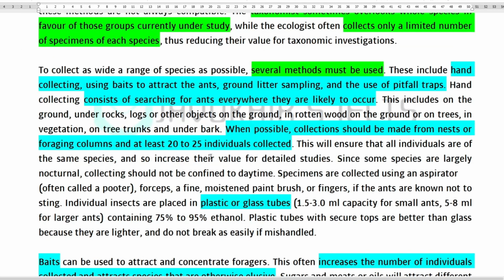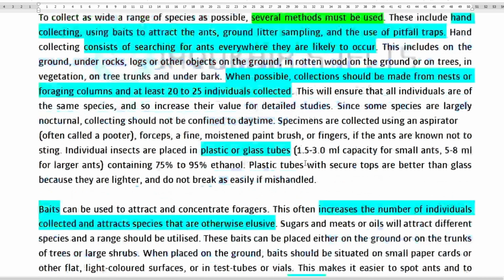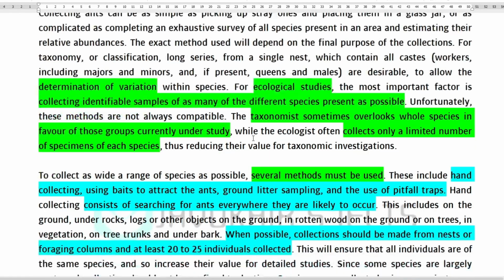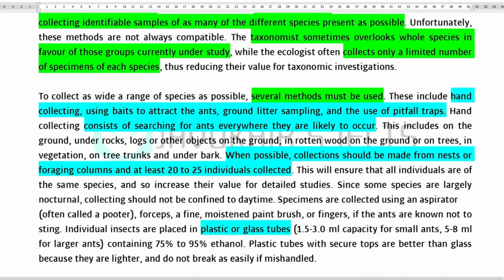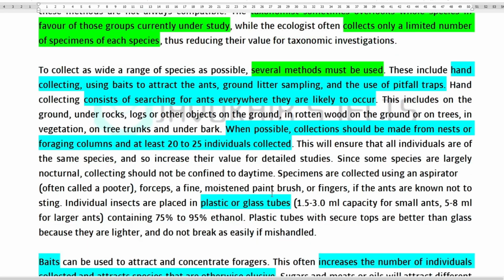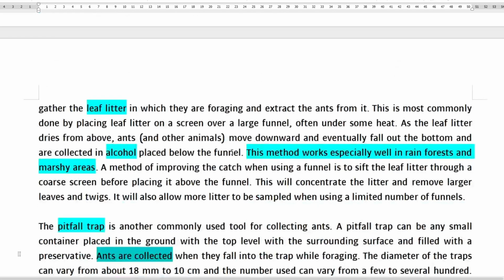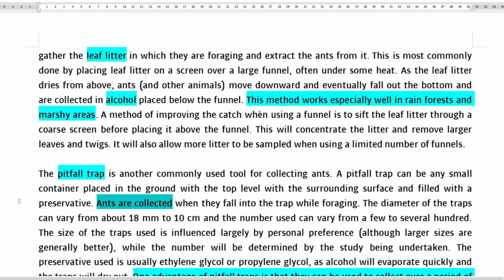Where was funnel here? We have to find the word funnel here. All right, where's funnel? I hate it when I don't highlight. That's why you have to highlight it, guys. Okay, where's funnel? Oh, there it is.